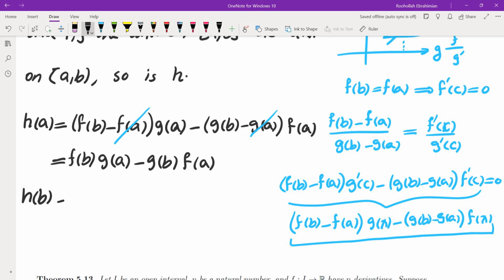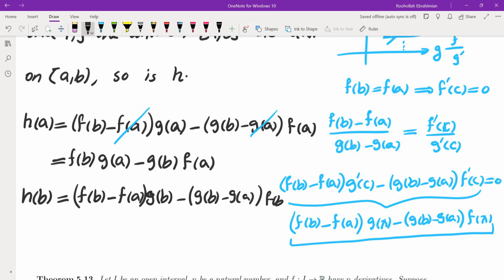Let's look at h(b). h(b) would be (f(b) minus f(a)) times g(b), minus (g(b) minus g(a)) times f(b). Both of these again have a term in common, and that term is f(b)g(b).